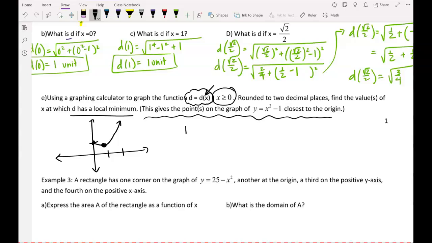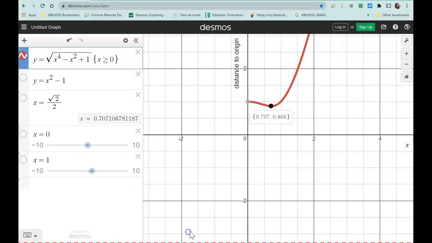The point closest to the origin is 0.707, comma, and I think that was 0.866.